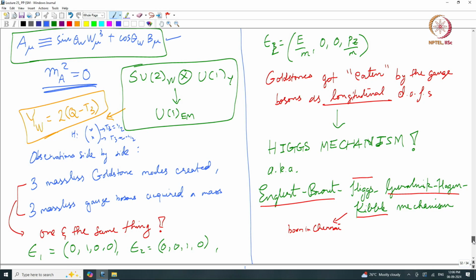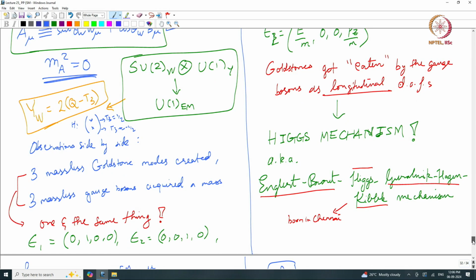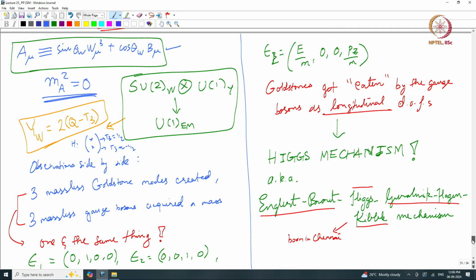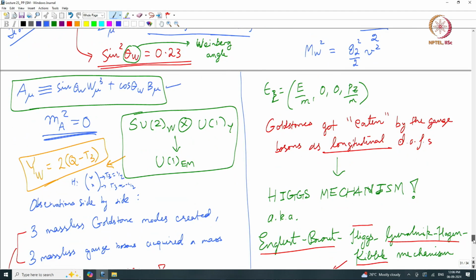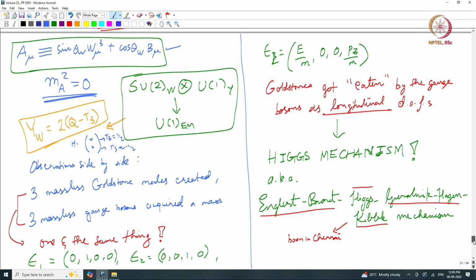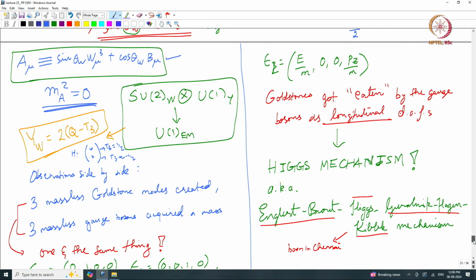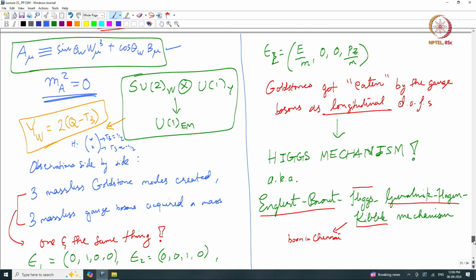In that process we also identified a relation between the electric charge, the hypercharge and the third component of isospin. And yet another thing we learnt was the Higgs mechanism itself, which is that the 3 Goldstone bosons that we created during the symmetry breaking did not go anywhere, they just reincarnated themselves as the longitudinal degrees of freedom of the gauge bosons, which is exactly what we call masses of the gauge bosons.